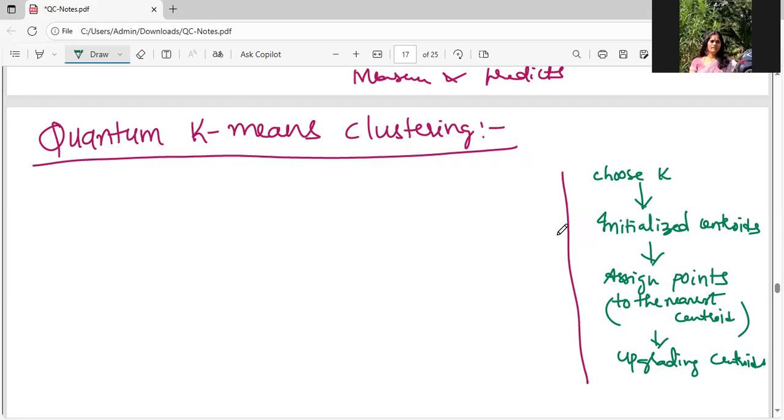One of the best searching algorithms in quantum is Grover's search algorithm. So I will write here Euclidean distance, that tool that we used in k-means, is as well used in quantum k-means along with Grover's search.